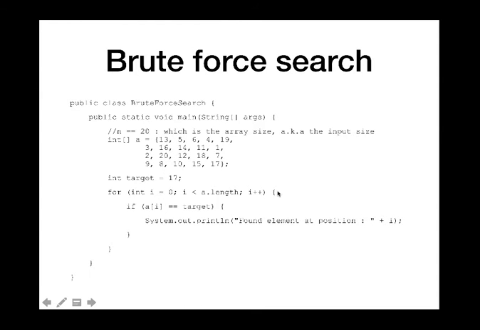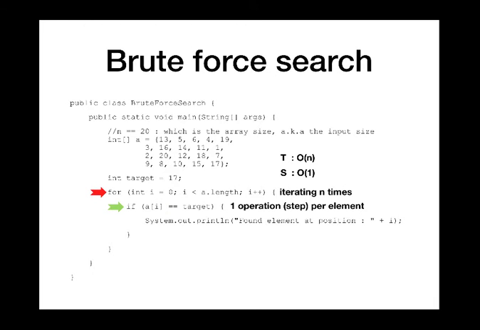So I'm going over n times, iterating n times, and I'm doing one operation or one step per element, which gives me time complexity of O of n and space complexity O of 1, as I'm not using any extra space to process my algorithm over that data set.